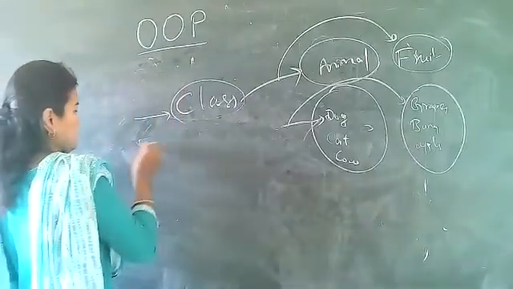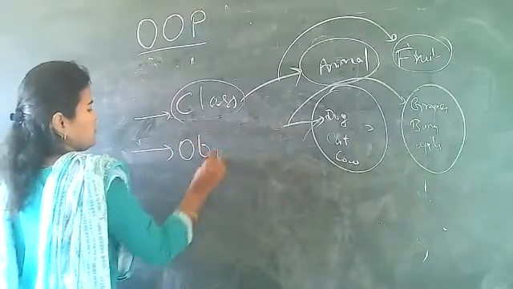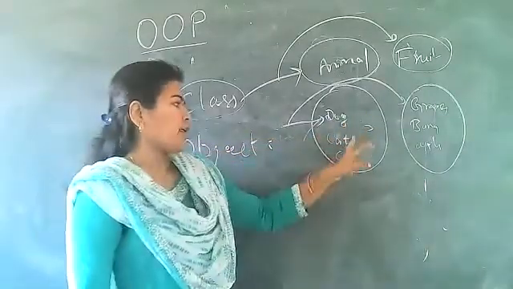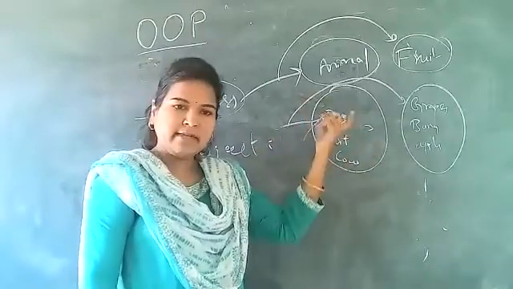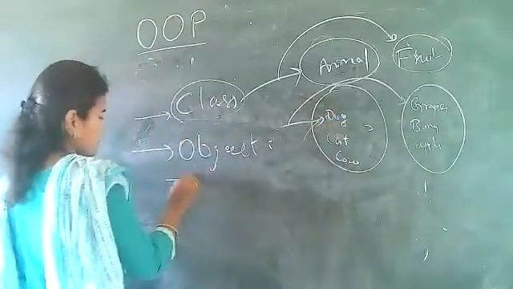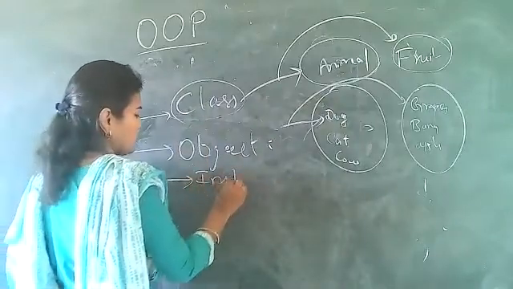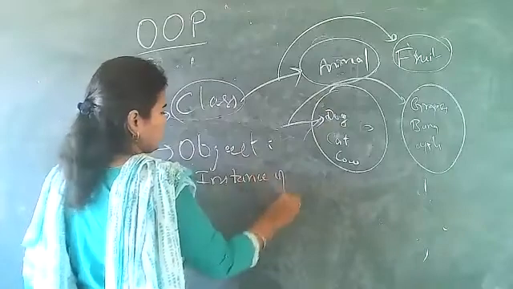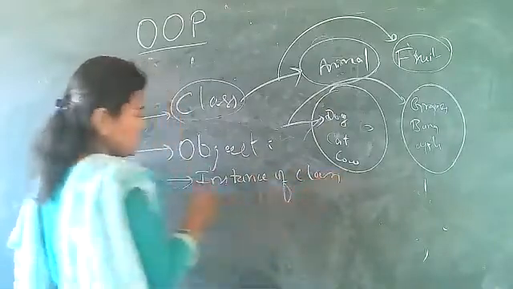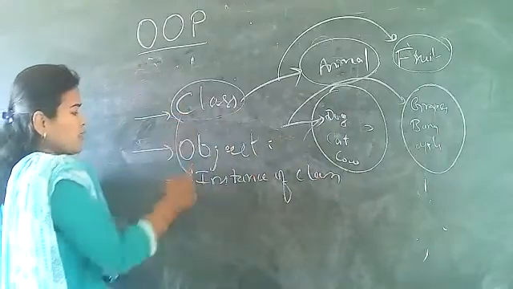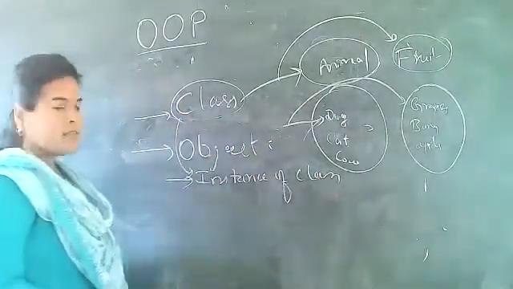What is an object? I told you already, an object is like a dog or a cat. It is real, it is there. So what is it? It is an instance of a class. Instance of a class means it is a subset of the class.